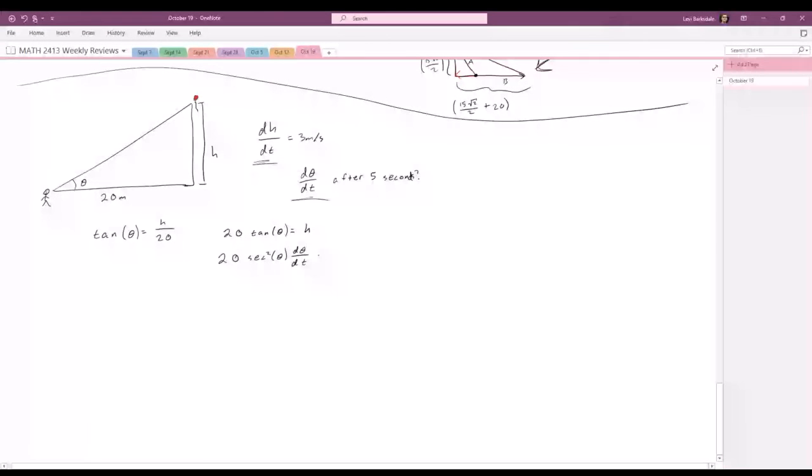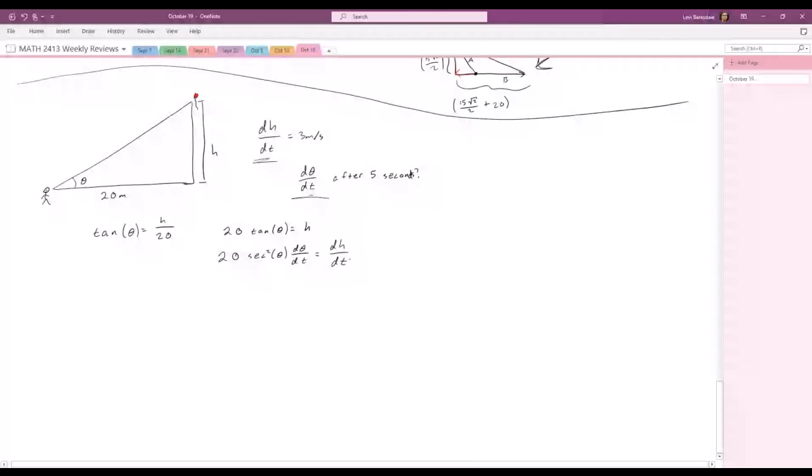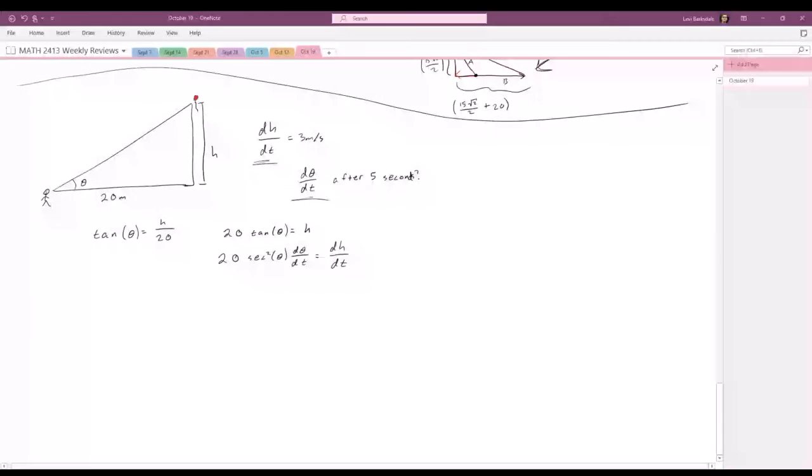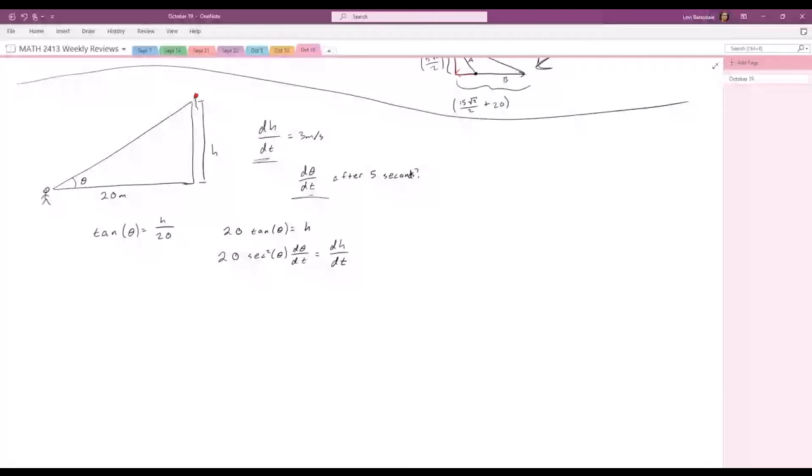And that is equal to dh over dt. Okay. Perfect. So, well, now I know what dh over dt is. I'm looking for d theta over dt. I don't necessarily have theta here.